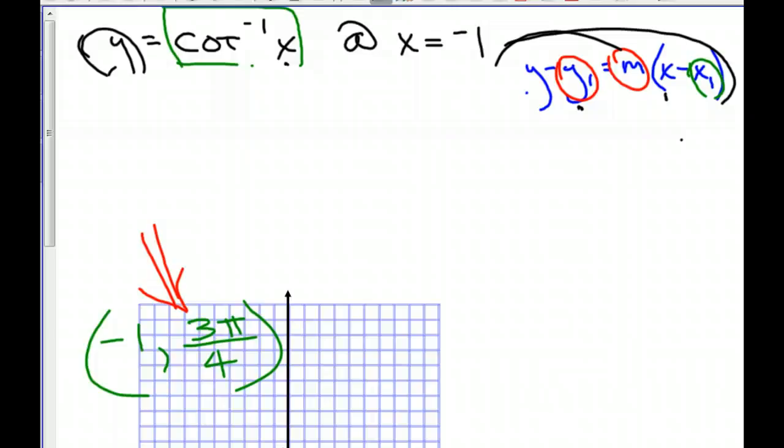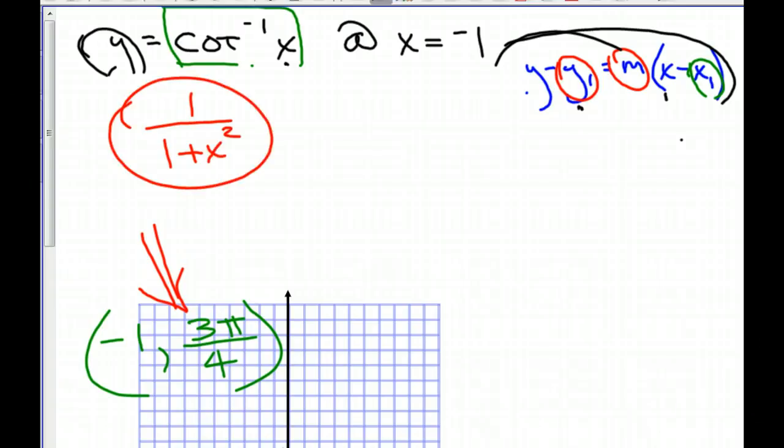What is the derivative of the arctan? Middle of the page, right above, the derivative is defined for all real numbers. 1 over 1 plus x squared. So that is the derivative of the arctan.